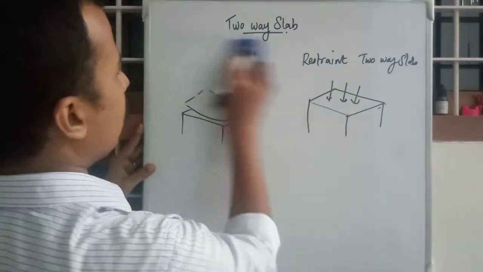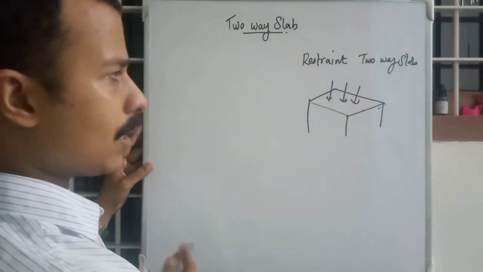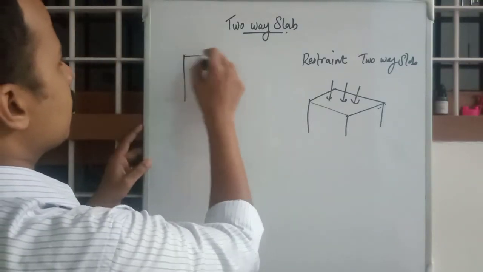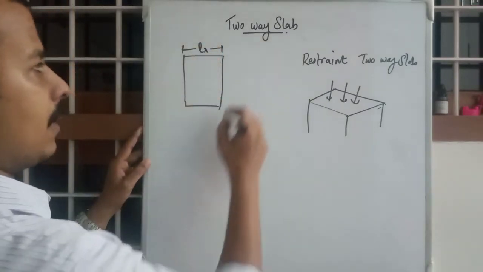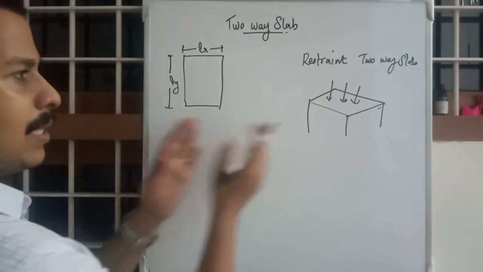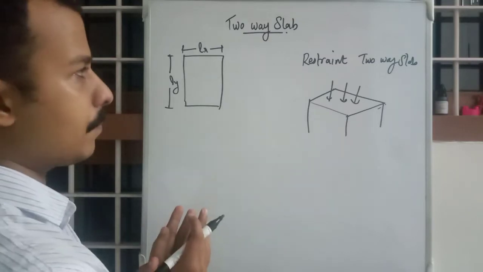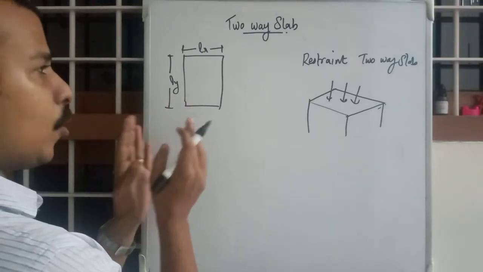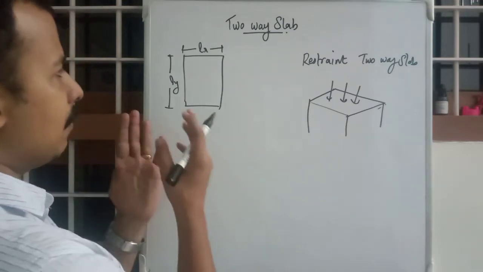So we are moving on to the theory part of restrained two-way slabs. Suppose this is a restrained two-way slab, a single restrained two-way slab. In this case also we have Lx as the shorter span and Ly as the longer span. If this rectangle is the plan of this single slab, we will be designing normal Ast reinforcements with a certain criteria.